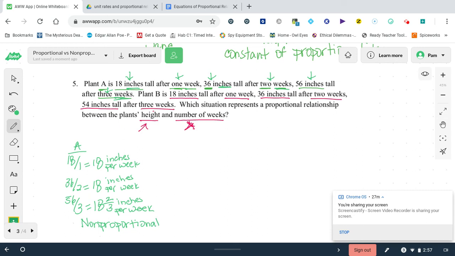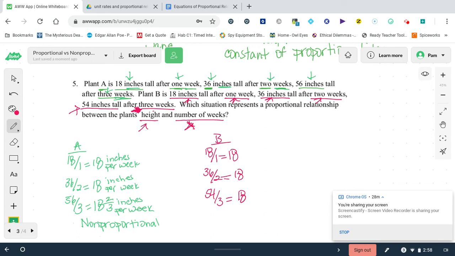Okay, so let's take a look at plant B. You had 18 and 1. That was the same, which is 18. Next you had 36 and 2, which was the same as plant A, which was also 18. And then you had 54 and 3. I'm not too good at drawing these arrows, but bear with me. 54 divided by 3, and we also get 18.